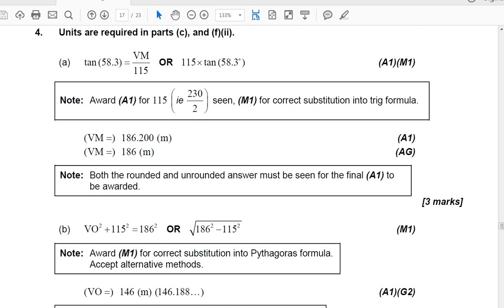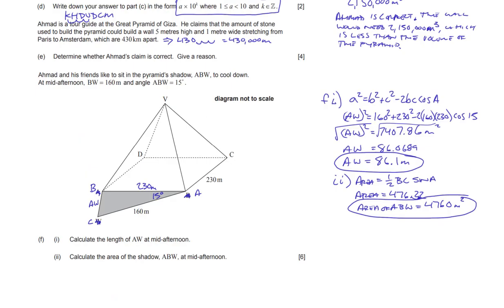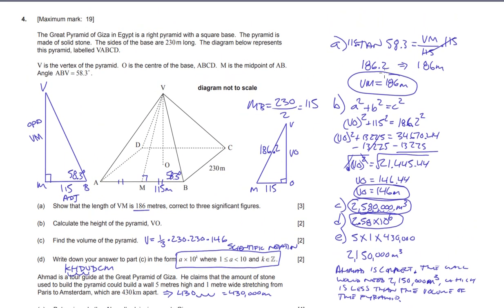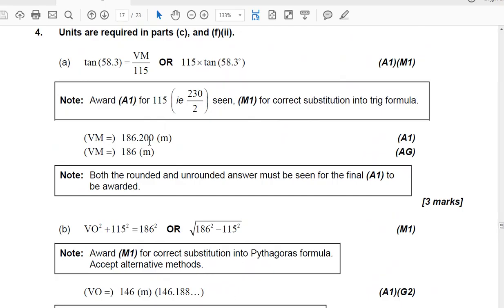Thankfully, way up here, we did write 186.2 on there. Both the rounded and unrounded answer must be seen, so we did have an unrounded answer of 186.2. Hopefully we would get credit for that. I don't know why we wouldn't. Anyway, let's move on here.